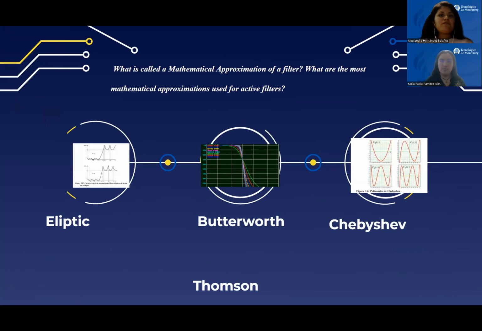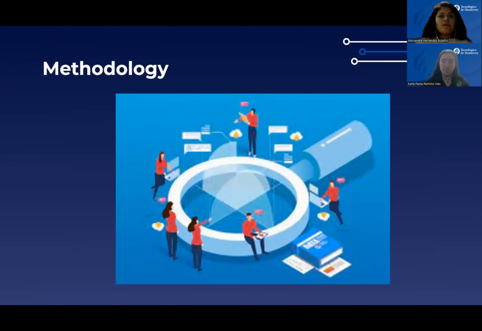The design is for obtaining an equation that satisfies the parameters or approximations. The most used mathematical approximations for active filters are elliptic, Butterworth, Thompson, and Chebyshev. We must take into consideration that we seek to reduce cost, time, size, and list of materials.